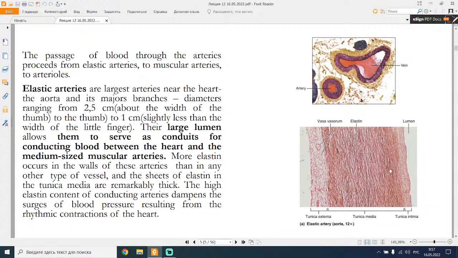And tunica intima, tunica externa, and you see the lumen. Vasa vasorum.